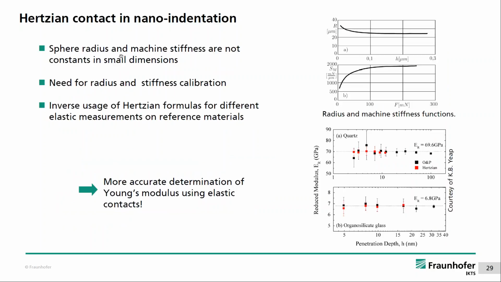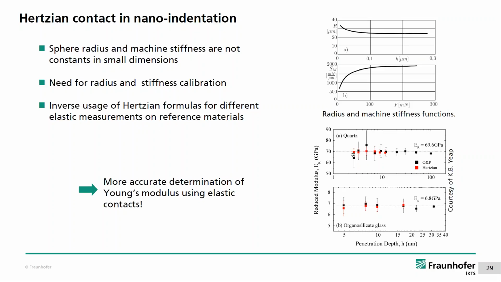You also have to calibrate the tip radius, because the tip radius is normally not a constant over contact depth. So here you have contact depth and tip radius, and you also have to calibrate the machine stiffness. But this we've seen already before. You also do the calibration using an inverse usage of the Hertzian formulas, like we did with the Oliver-Pharr formulas for the elastic-plastic contact.